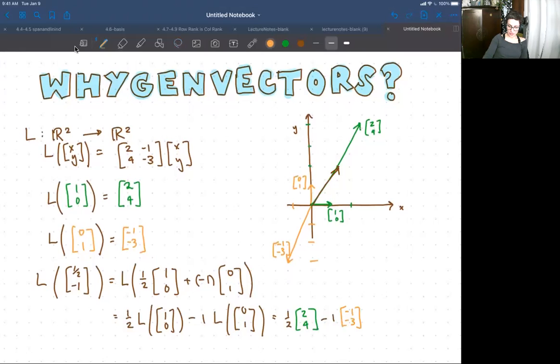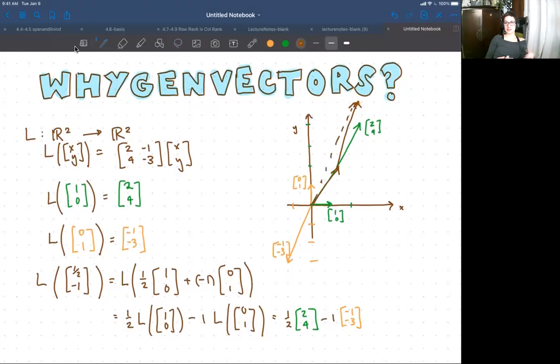So going over 1 and up 3. You can tell I'm an algebraist, I can't do space. All right, over 1 up 3. We get up somewhere like this. We add that on to here, and our new vector is the result of vector addition.